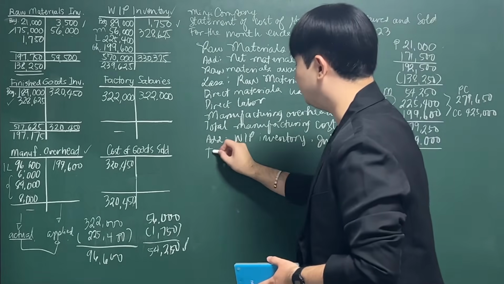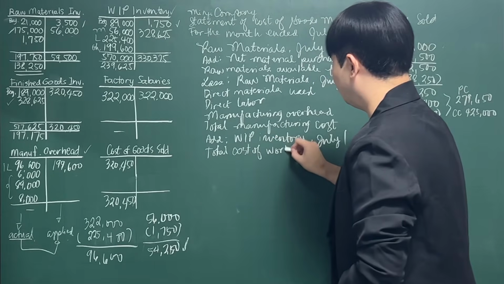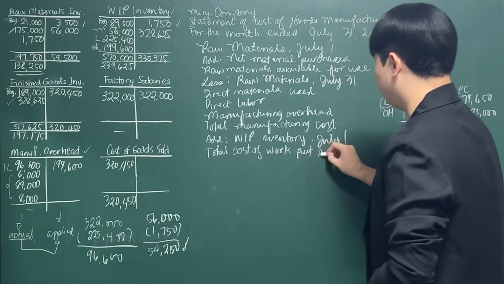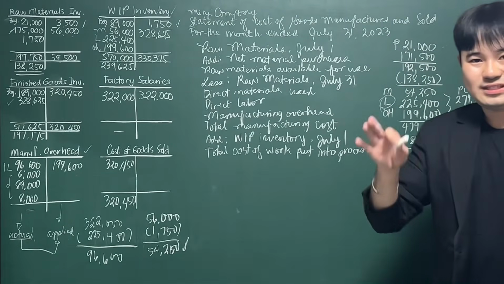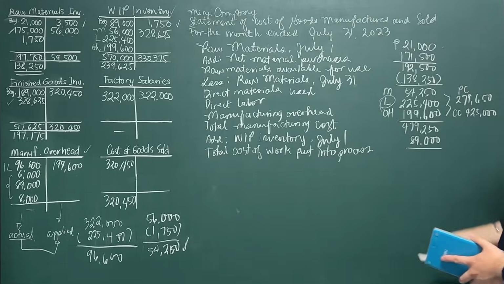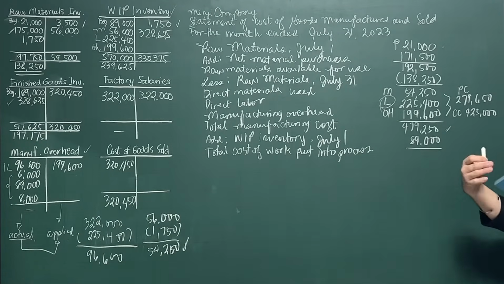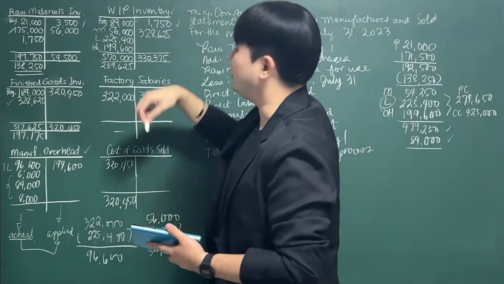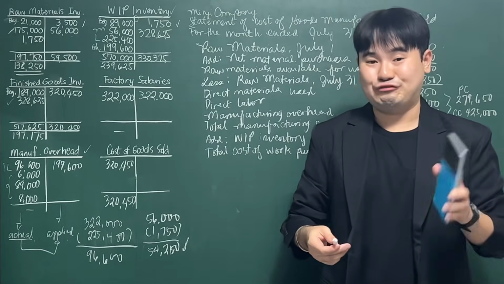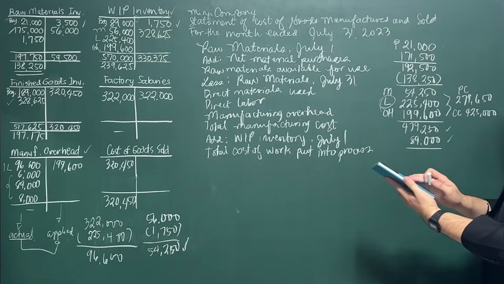We call this the total cost of work that is in process, because this is in process. 479,250, you're doing that during the month, and then at the beginning of the month you're also trying to finish 89,000, because that's the beginning balance of your work in process inventory at the start of July that is not yet finished. Okay, so we add them together.